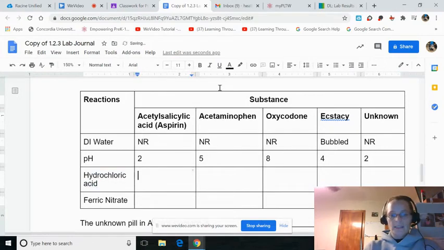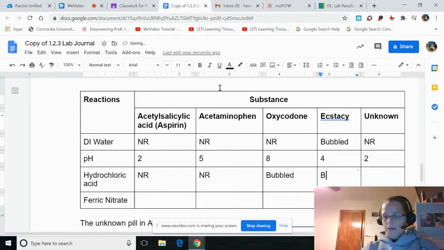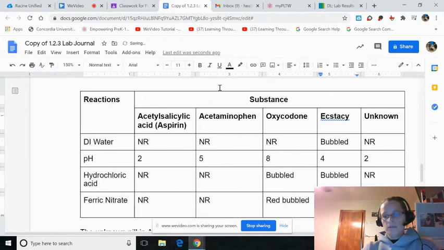We're starting to get an idea of what this probably is. But here we go. Hydrochloric acid, NR, NR, it bubbled, and NR. There was no reaction here with ferric nitrate, no reaction here. It was red and bubbled, yellow and bubbled and no reaction.